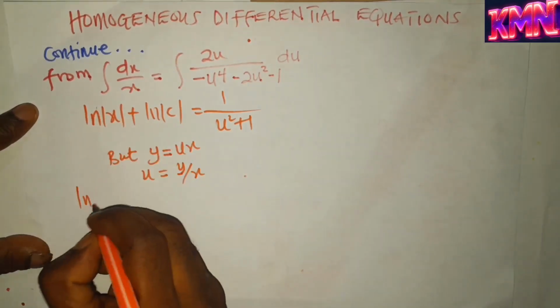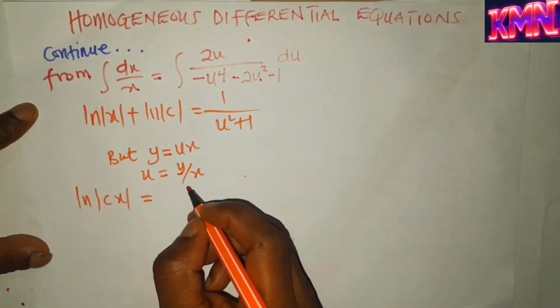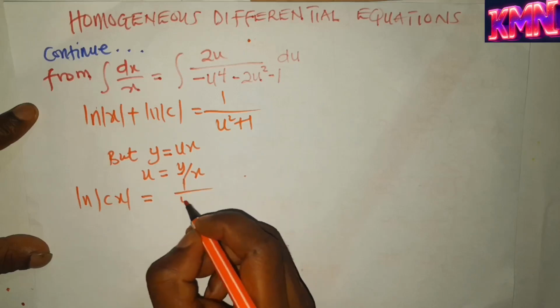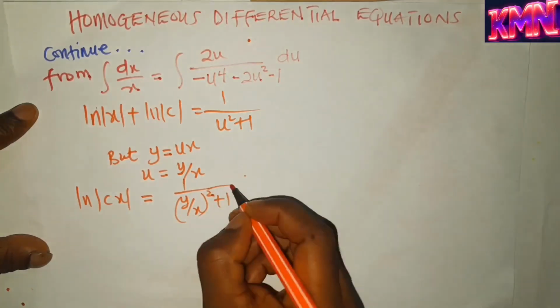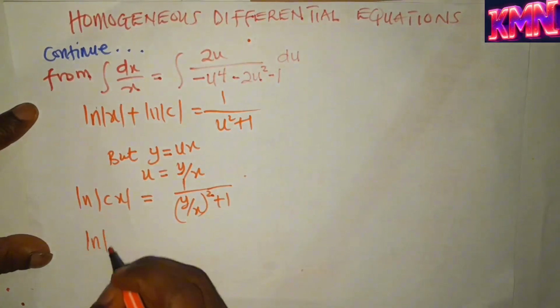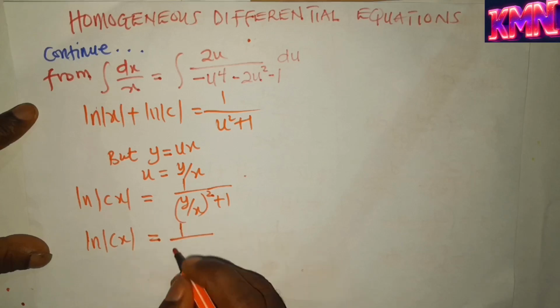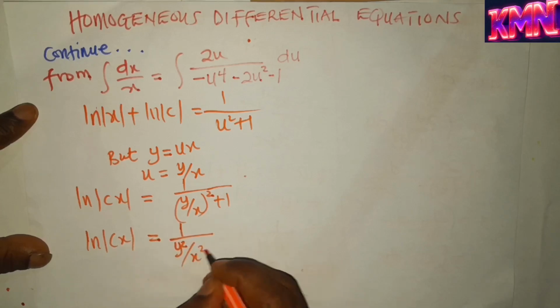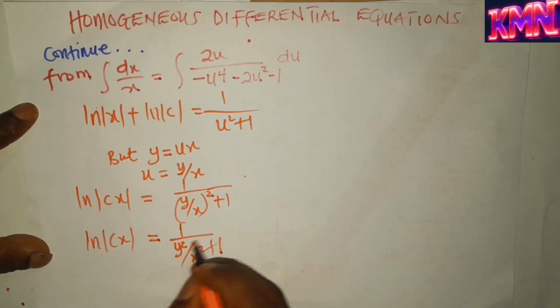This side will give us ln cx equals, and over here we're going to have 1 on (y/x)^2 plus 1, and we are going to get ln cx equals 1 on y^2/x^2 plus 1, which we can simplify the denominator over here.